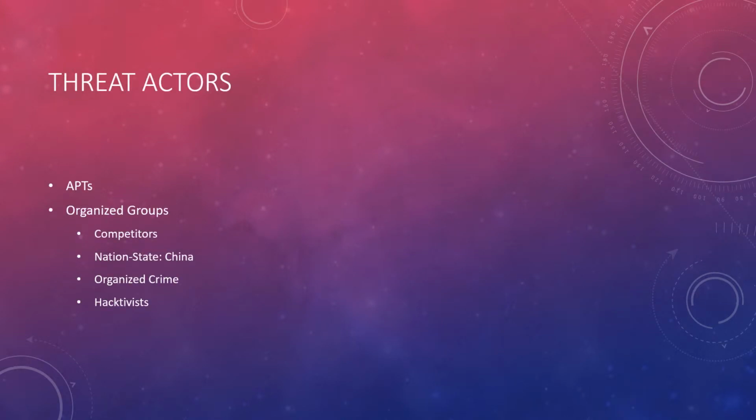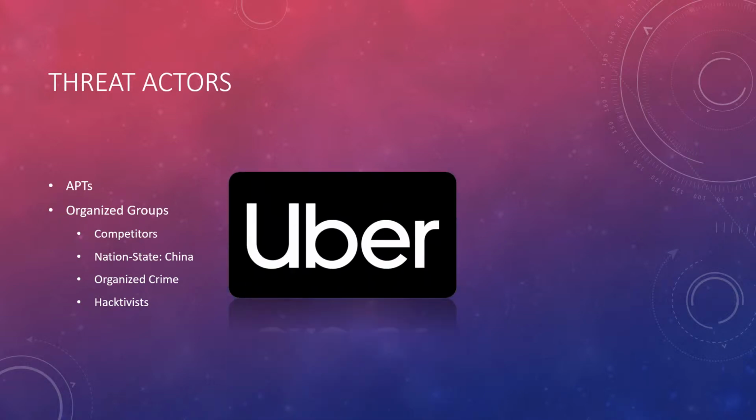An intelligence program can also enable us to determine major threat actors that may affect our cybersecurity. We have APTs, Advanced Persistent Threats, which we'll talk about later. We have organized groups, which include competitors.